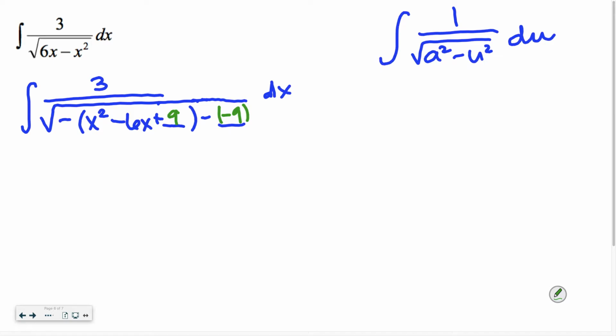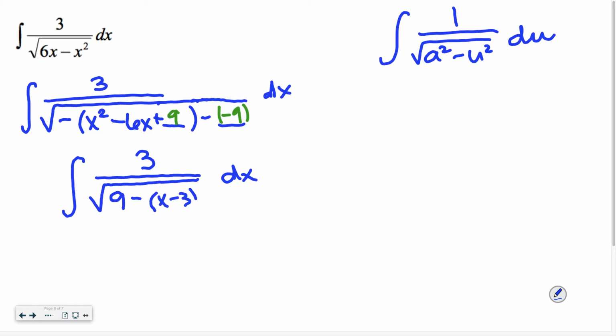Correct. So what we have is the integral of 3 over the square root. I'm going to reorder this. That's going to be a positive 9 minus our perfect square.